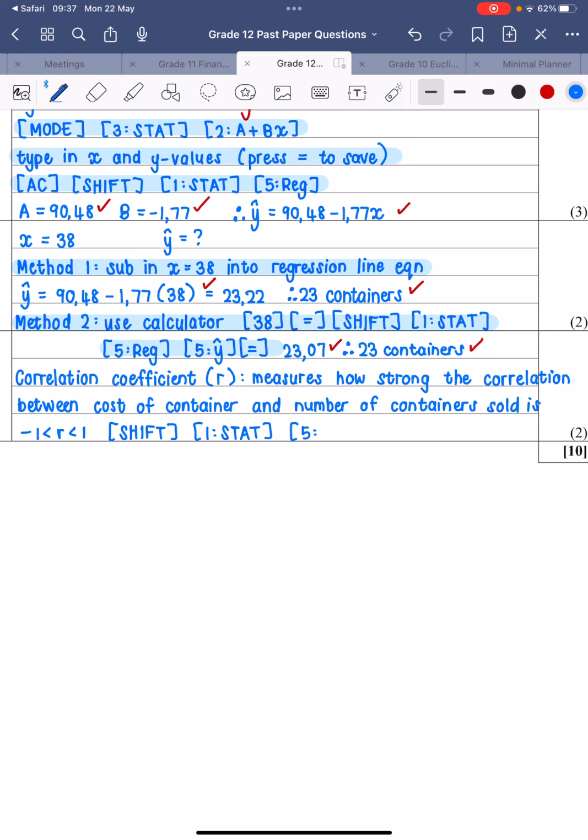So guys, for all of these questions, we've used the same calculator steps, right? And now you are going to look at option 3, which is the correlation coefficient. You're going to press equal, and that will give you the answer. So in this case, our R value is -0.94.